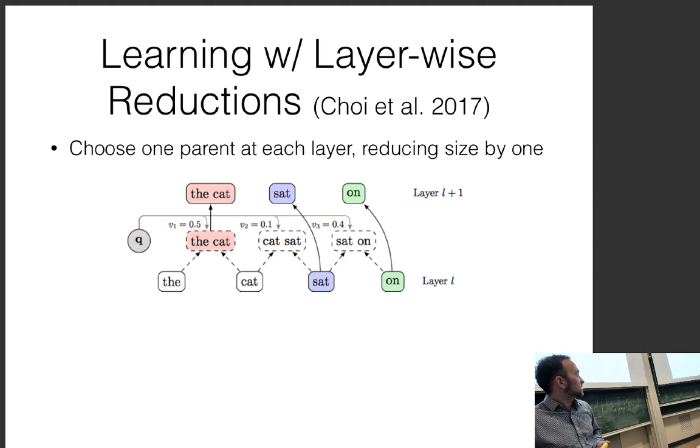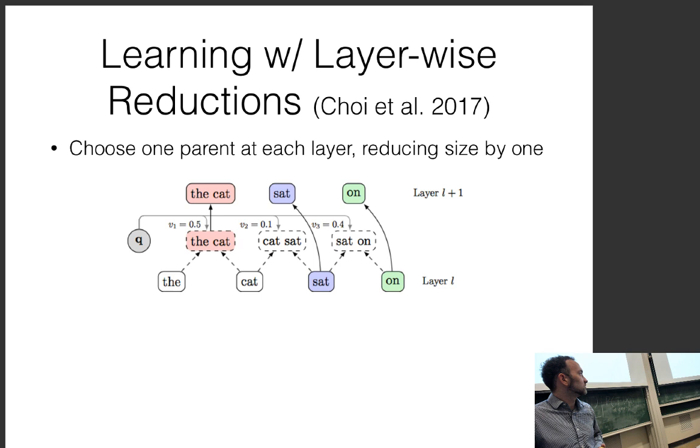The way they do this is by calculating the softmax over each pair of representations, and whichever one has the highest value essentially gets composed. Depending on the composition function you use, you can actually do this in a soft manner that's fully differentiable or close to fully differentiable.